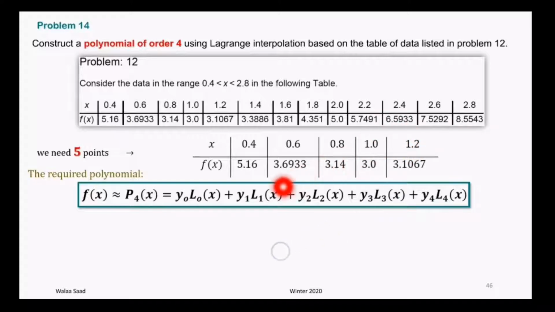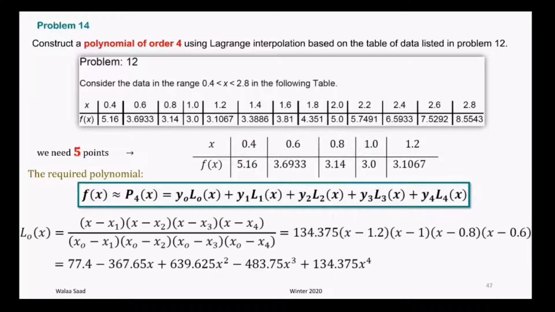In the denominator, we will use this x0, the same term of L0, and then 0.4 minus 0.6. Of course, we will not use 0.4 minus 0.4. So 0.4 minus 0.6 times 0.4 minus 0.8 times 0.4 minus 1 times 0.4 minus 1.2.